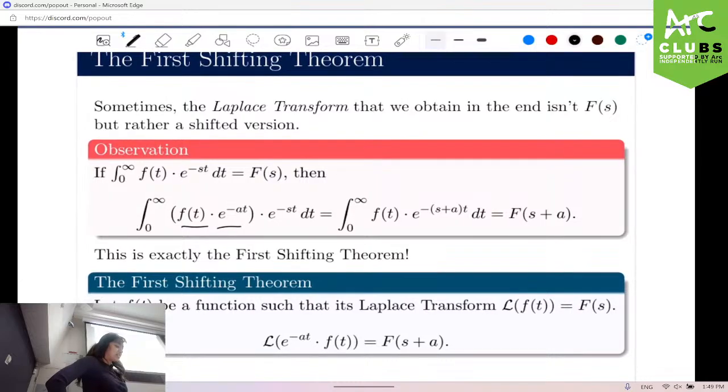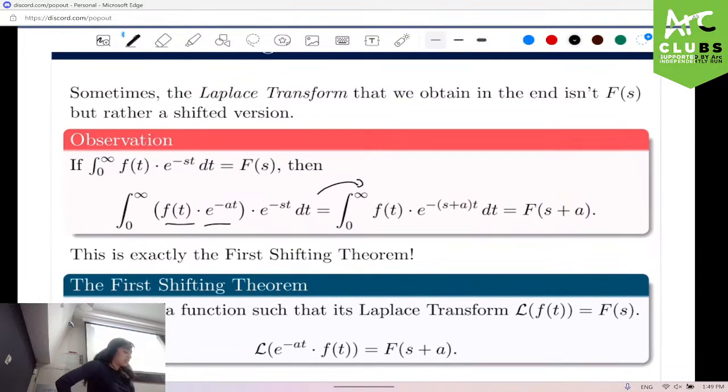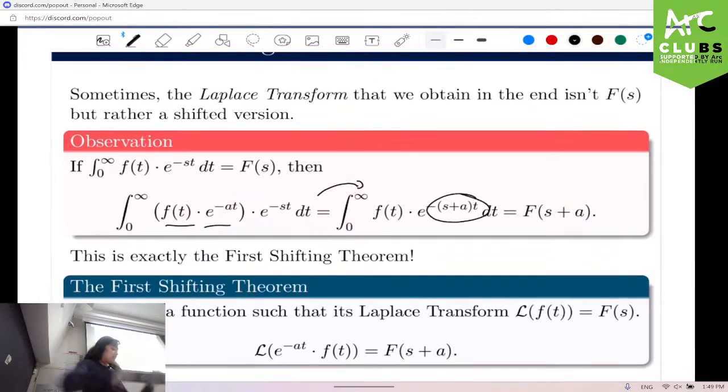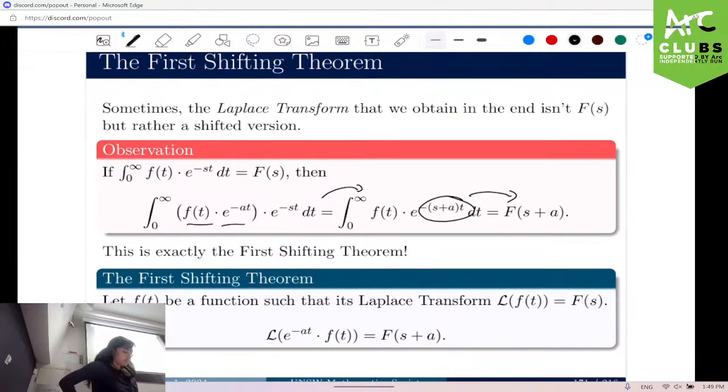When you derive it, which you will not, but this is just to show, it shows that you are shifting the exponent component. Because of that, some amazing maths happens, and you just get the function of s shifted by the negative of the exponent. So that is the first shifting theorem.